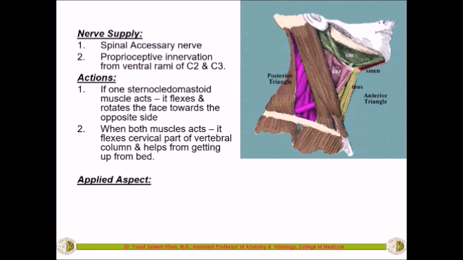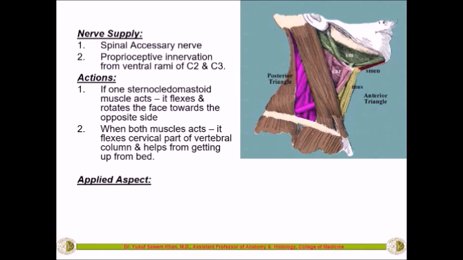When both the muscles act, there is only flexion, in the midline. And this is important while getting up from the bed. When you get up from the bed, the first thing you lift is the head. This lifting of the head is done by the contraction of both muscles. So it flexes the cervical part of the vertebral column and helps in getting up from the bed.